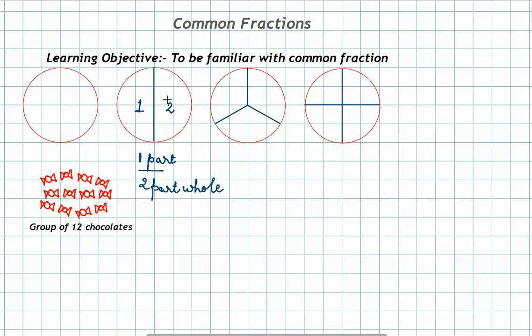And your friend has also consumed one part of the two parts of the whole pizza. Let's say you had three friends, the first part, the second part and the third part. In that case, if you're consuming one part of it, then you can say that you have consumed one part out of three parts of the pizza.